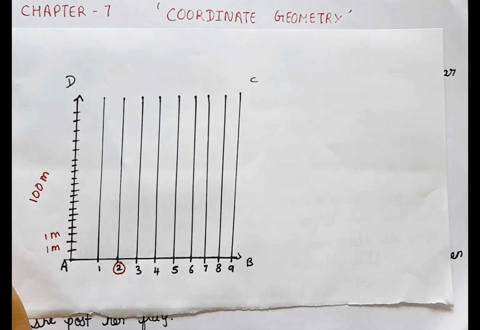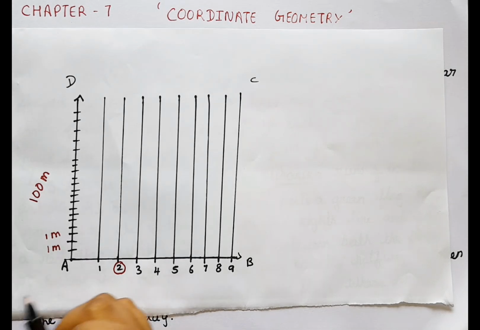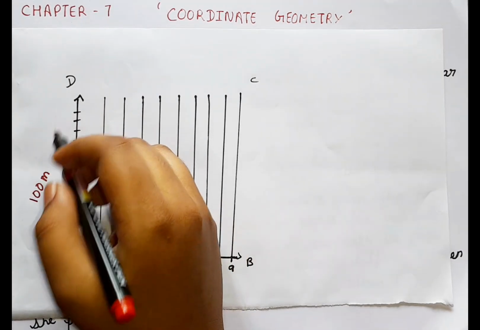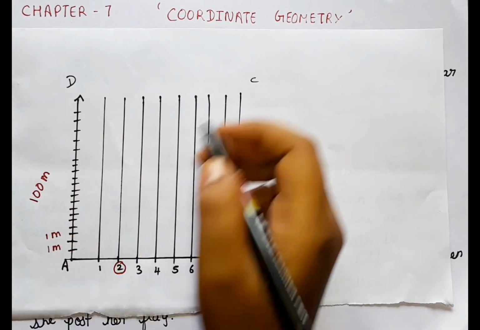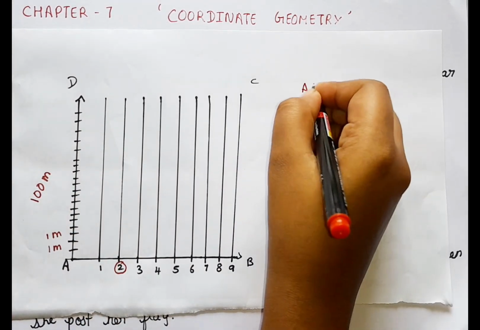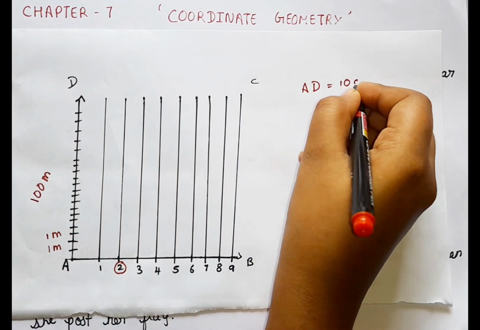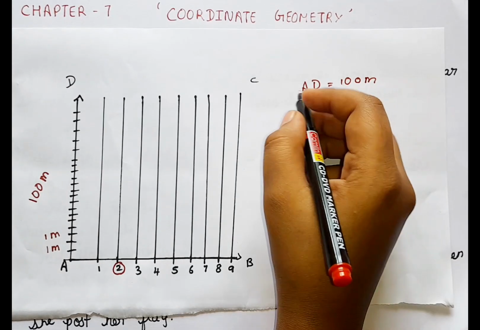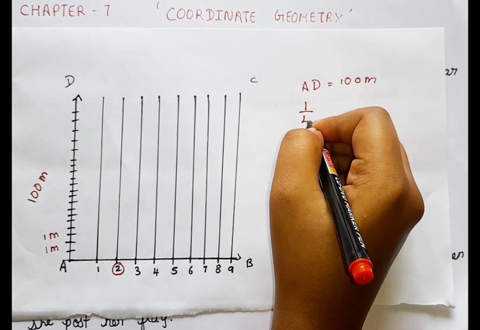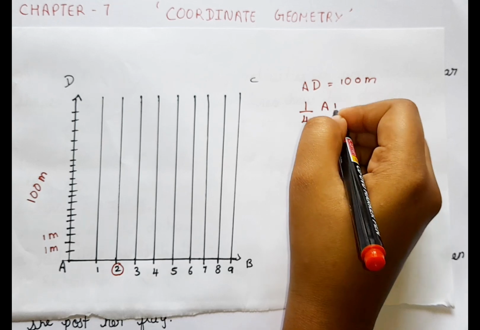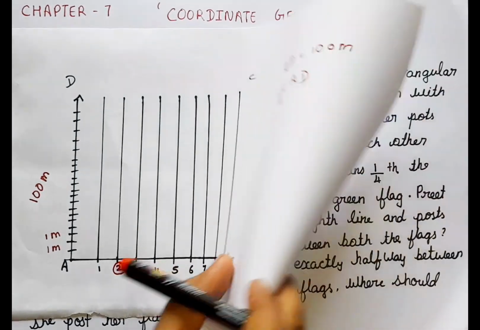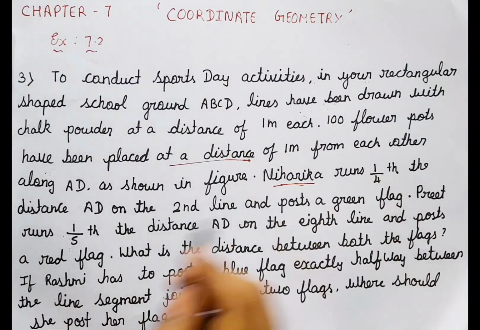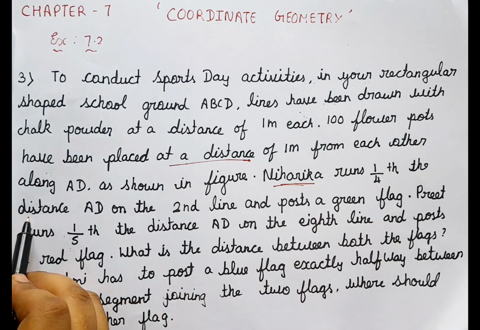So here we can write 1/4 of the distance. We have AD in this 1/4 of the distance, isn't it? So let's write AD is equal to 100 meters, and then 1/4 of AD. She runs 1/4 the distance of AD.